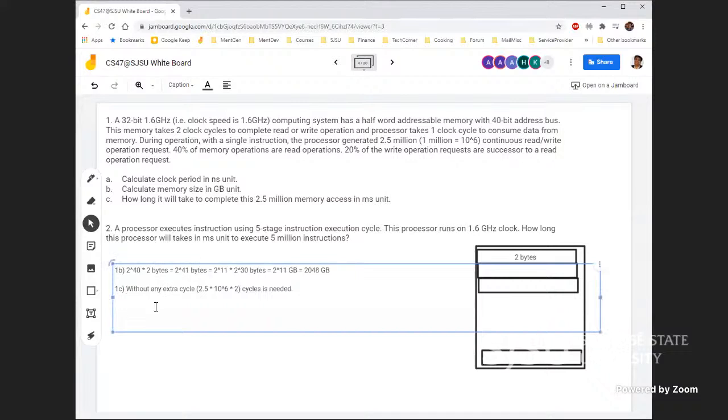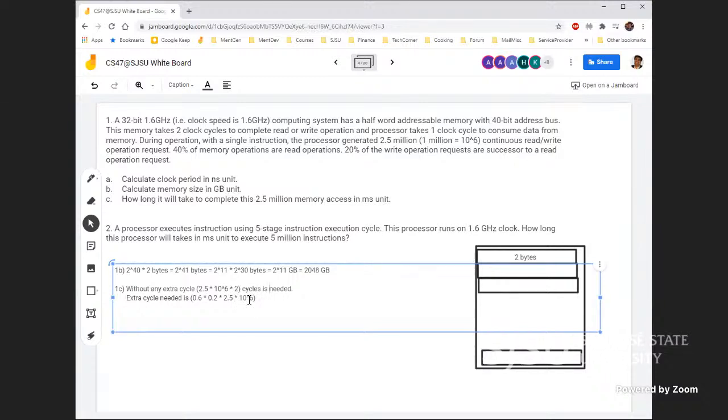That means the extra cycle needed is 0.6 multiplied by 0.2, because the problem says the processor takes 1 clock cycle to consume the data. From there we know how many extra clock cycles we need to add on top of the 2.5 million operations.